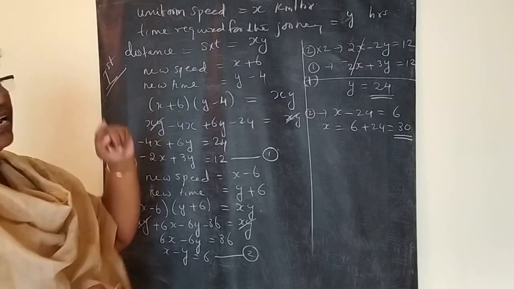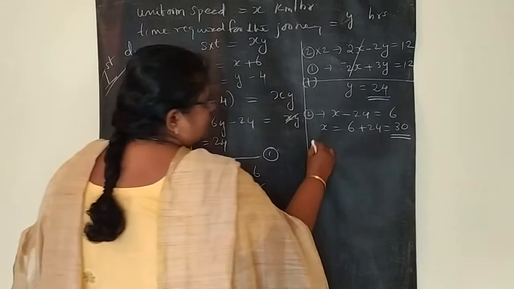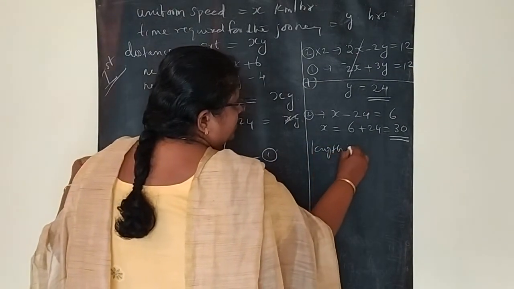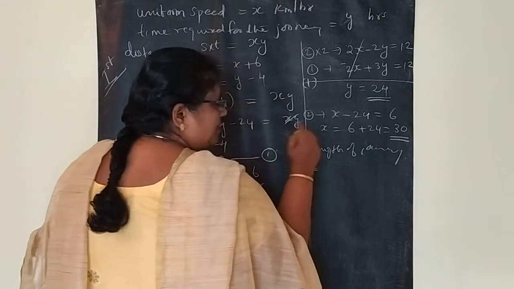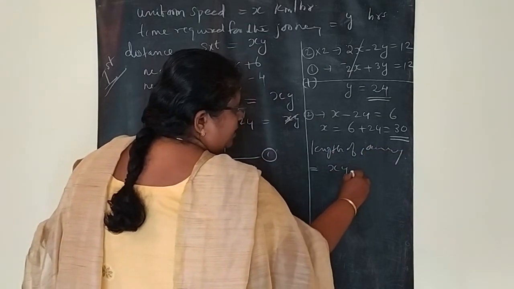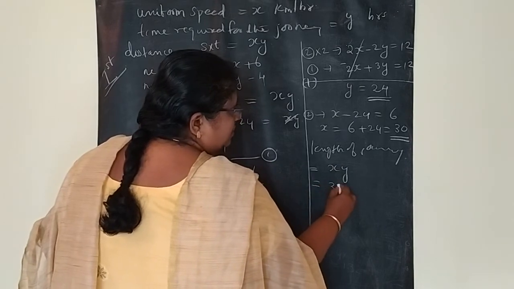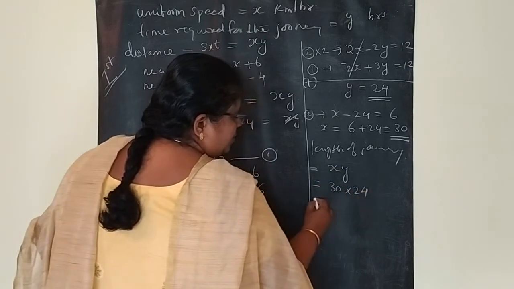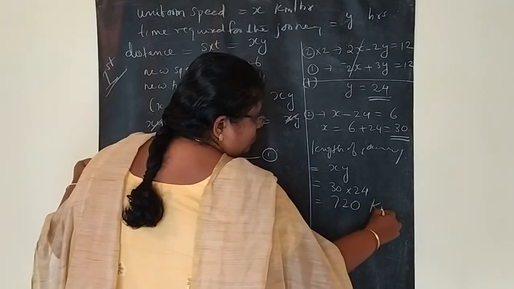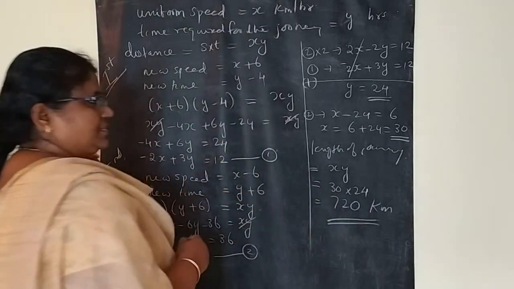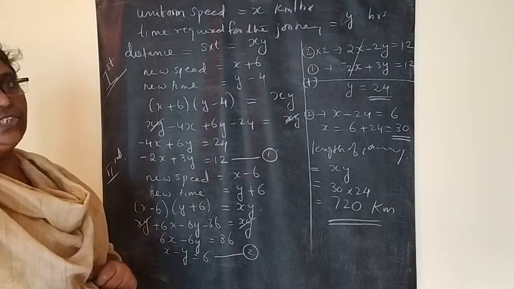Question is, what is the length of the journey? So you have to find the length of the journey. Length of journey means distance. It is xy. So 30 into 24. 24 3s are 72. So 72 kilometers is the length of the journey.